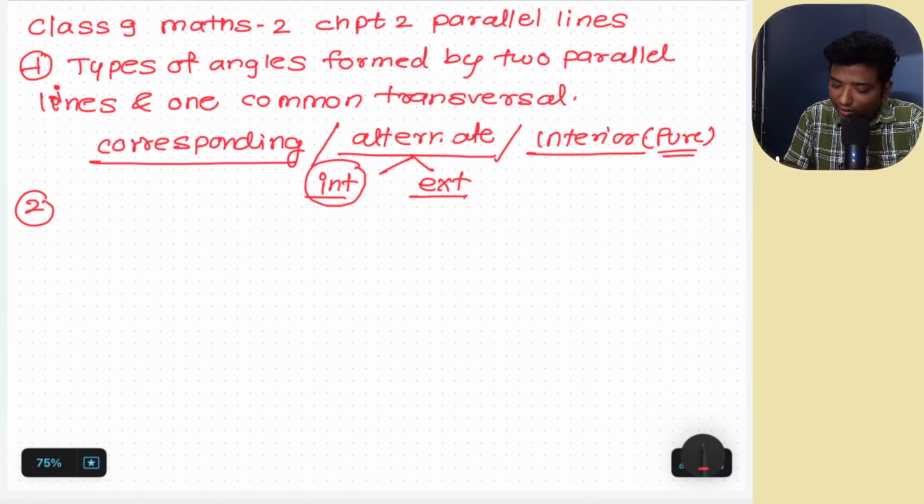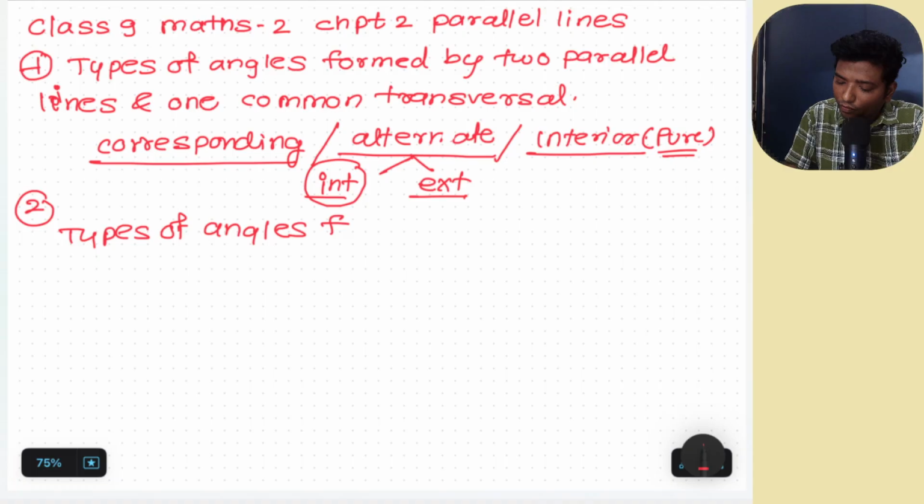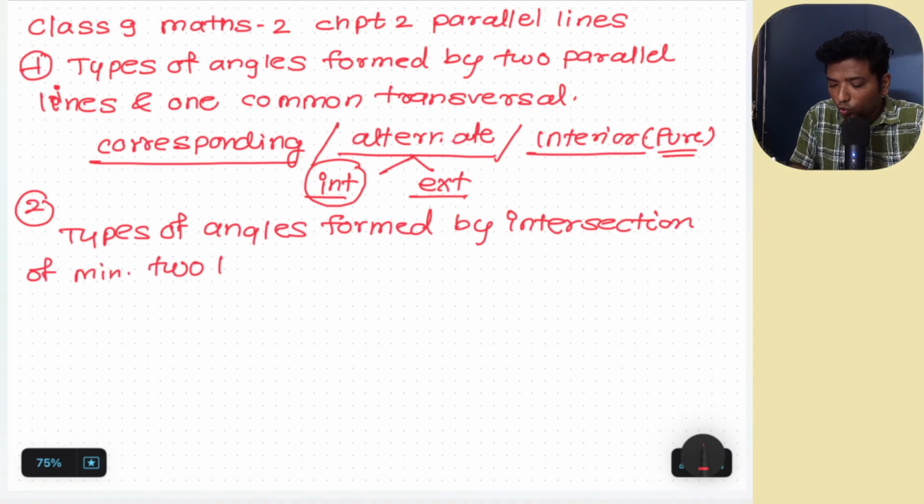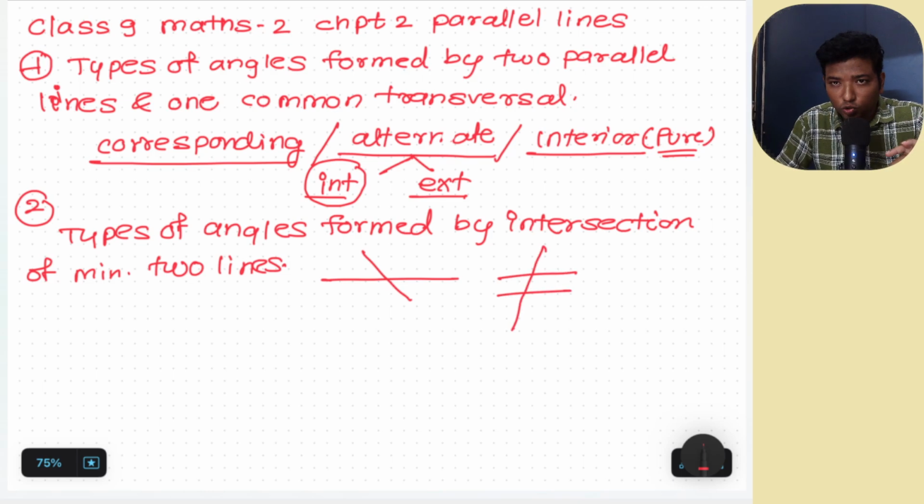Then the second type of angles, which you can find anywhere, are the types of angles formed by the intersection of a minimum of two lines. We can have the intersection of two parallel lines, or just the intersection of two lines, and that is also fine.